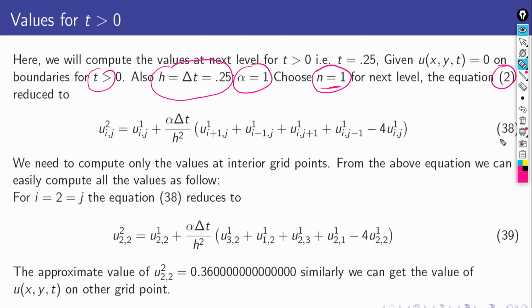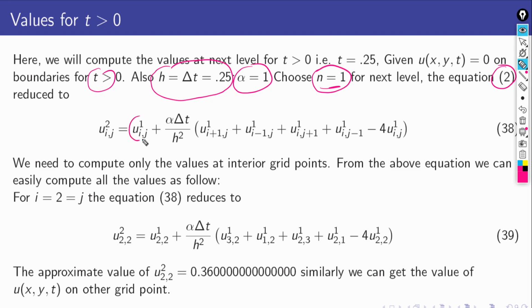In equation number 38, you can see u2ij will be equal to u1ij plus alpha delta t upon h square times (u1 i plus 1 j plus u1 i minus 1 j plus u1 i j plus 1 plus u1 i j minus 1 minus 4 u1ij).